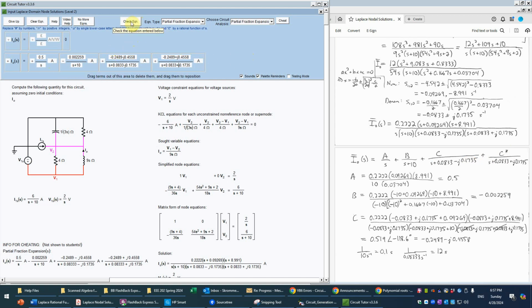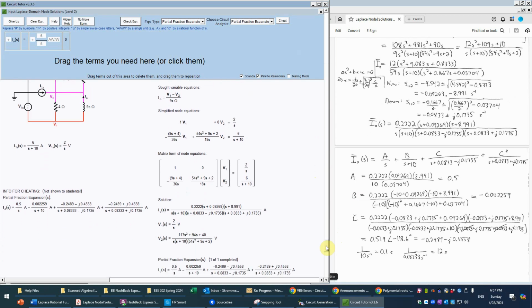Now we just click check equation. And that is correct. And okay, so that's been printed now on the bottom of the screen. We scroll down there. So now we've entered all the partial fraction equations, so we just need to click no more equations.